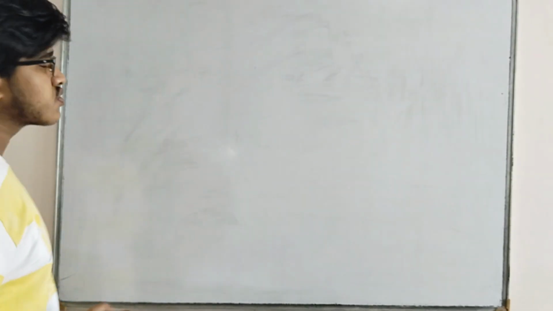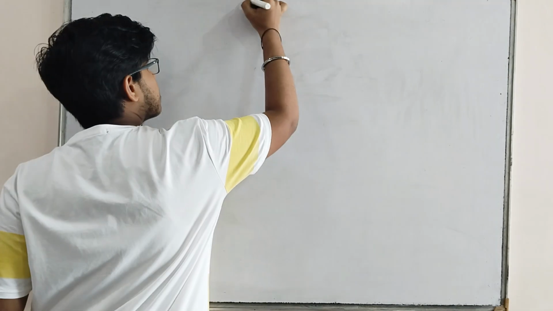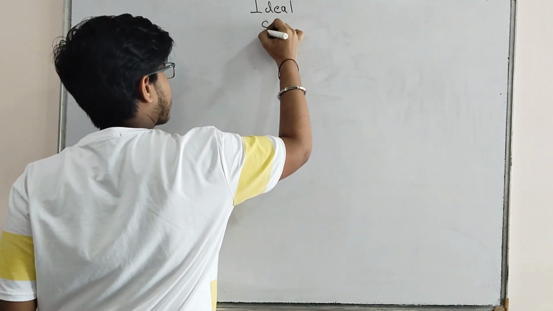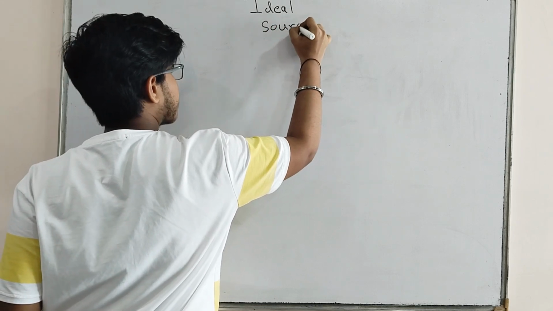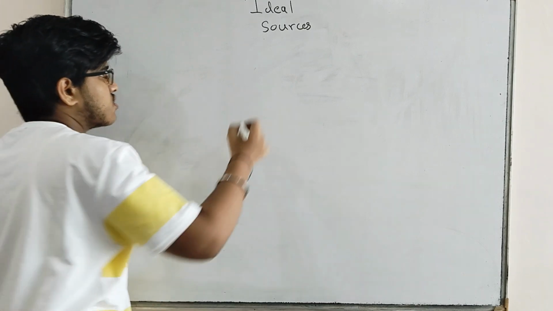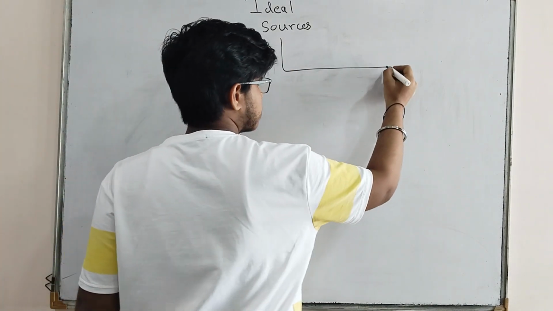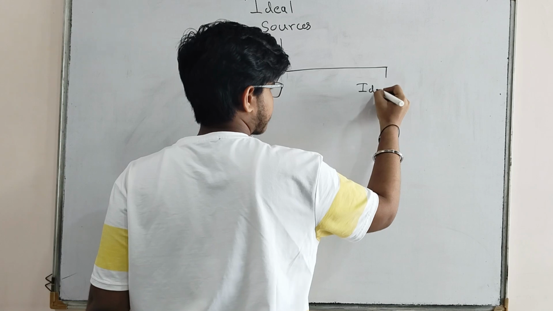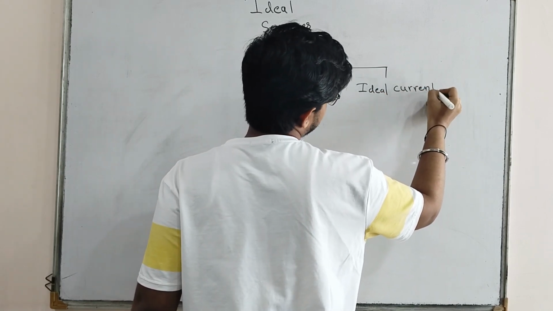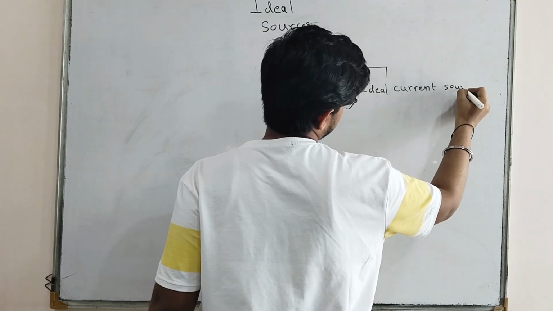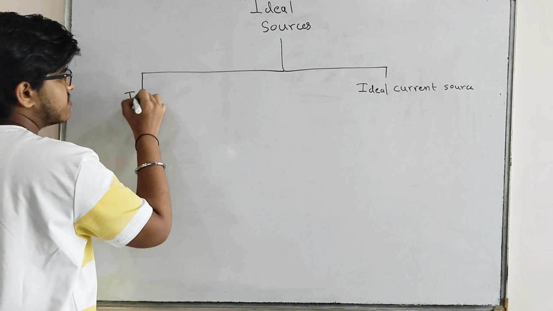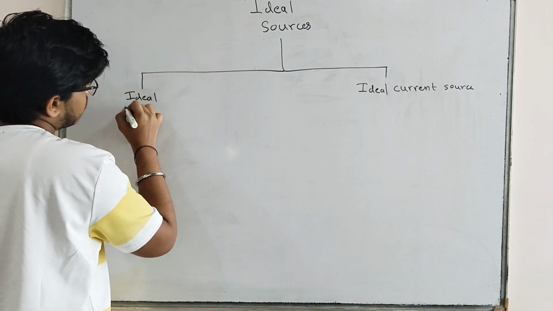Now let us discuss about ideal sources. So now there are two types of ideal sources. So first is ideal current source, and the second one is ideal voltage source.